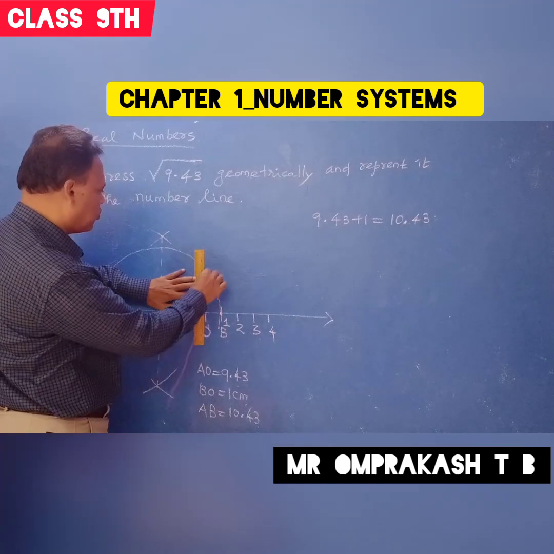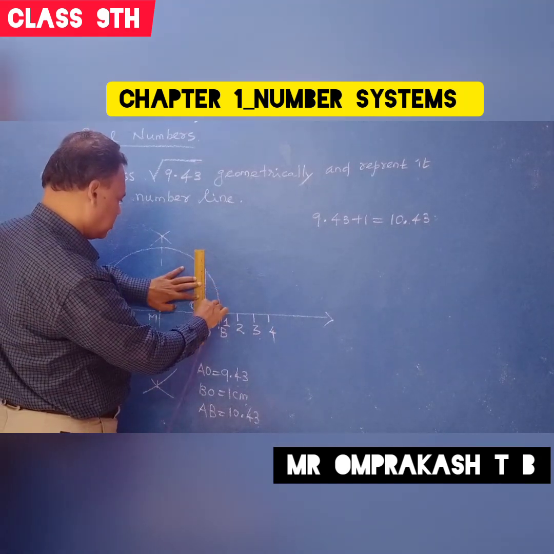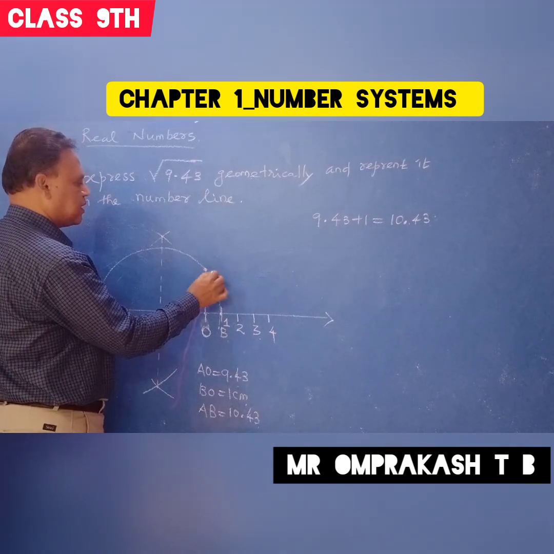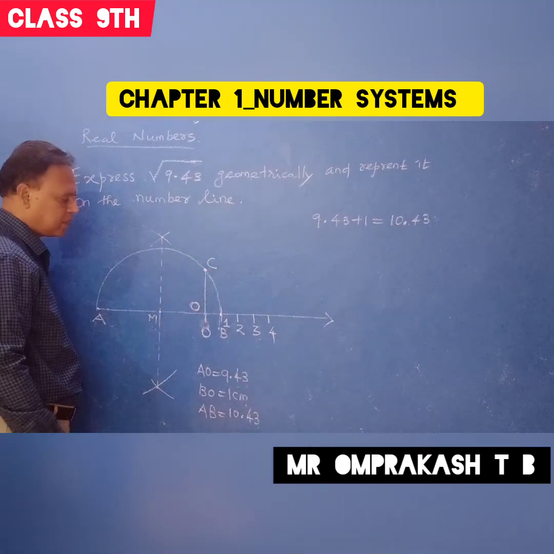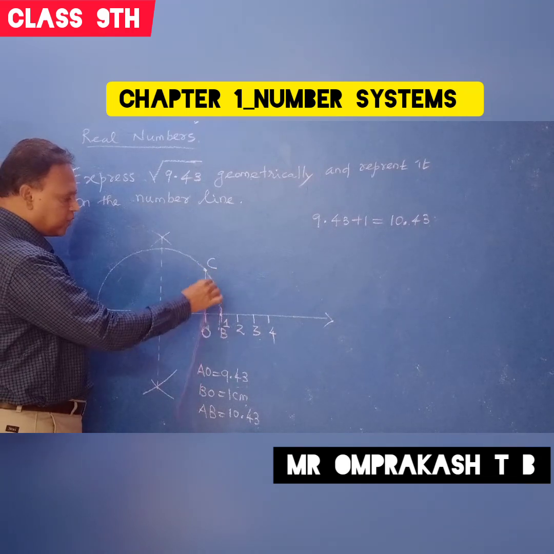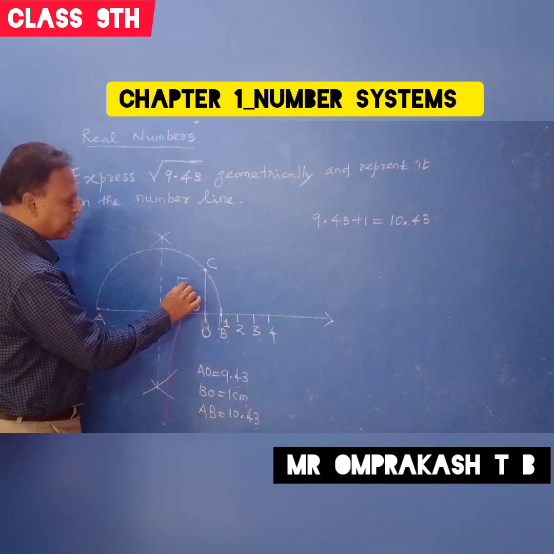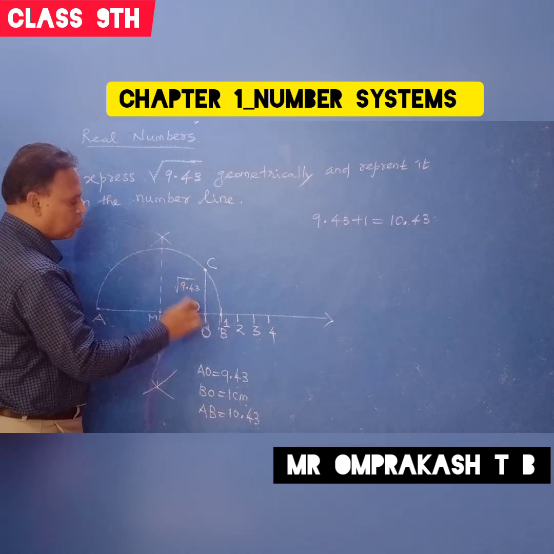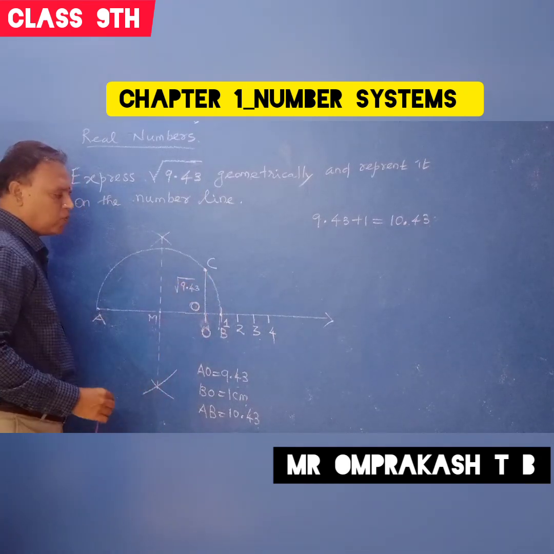Draw it, and it will meet the semicircle at a point. Take it as C. So OC is root over 9.43. Geometrically, you will get OC as root 9.43.